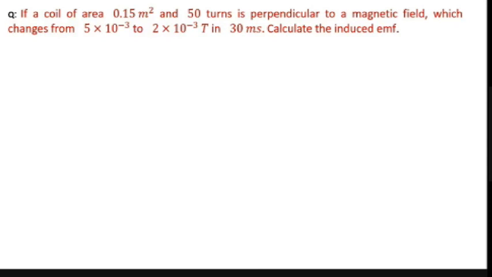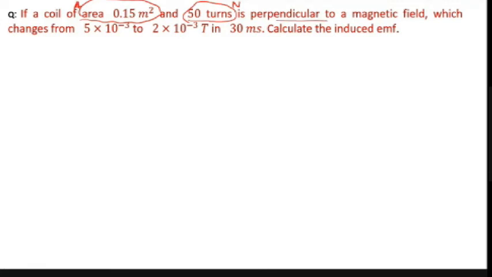Okay, area is given, 0.15 meter square. Okay, then? Magnetic field. Before that, what is this? In order we'll go. That is N, number of turns. Okay. Then next, magnetic field angle.